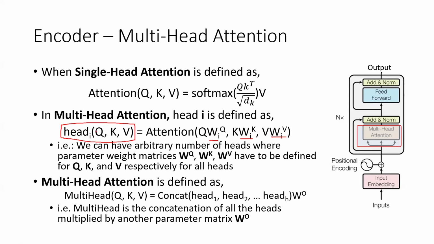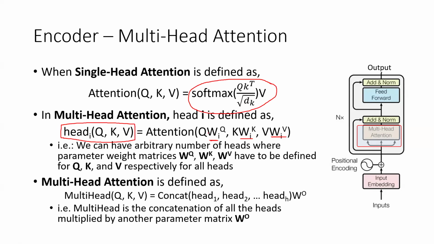So once you give a certain query, key, and value, they have to be multiplied with each of these attention head specific weight matrices, and then you apply it in this attention formula and find the attention for that particular attention head. Similarly, if i is 10, then you have 10 attention heads, and you can find 10 attentions.